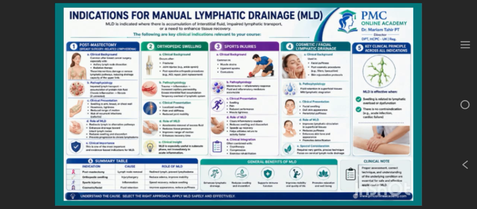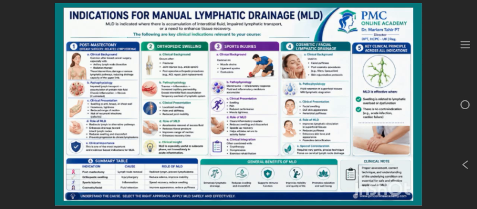Okay, so the clinical background is that it's used in, firstly, facial puffiness, secondly, post cosmetic procedures, for example fillers and liposuction, and third, skin rejuvenation protocols. These three are the clinical backgrounds for cosmetic or facial lymphatic drainage.